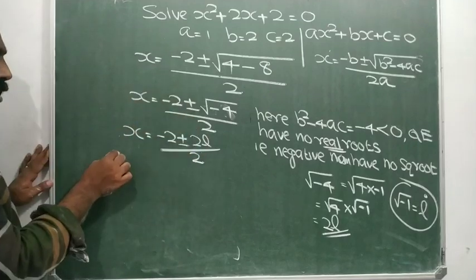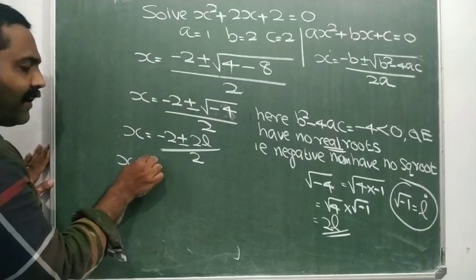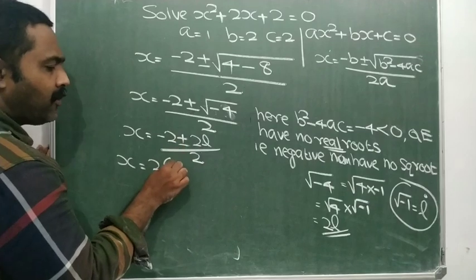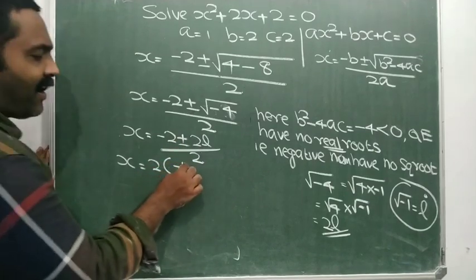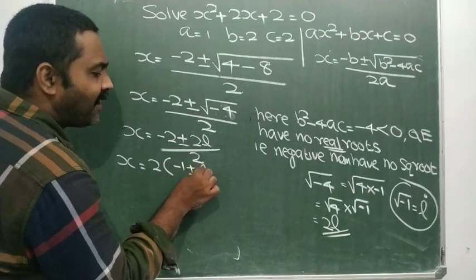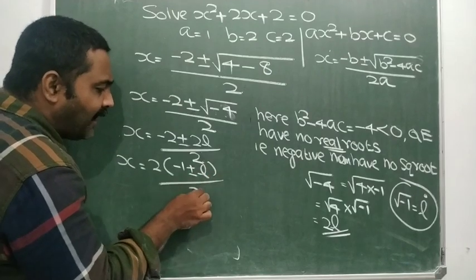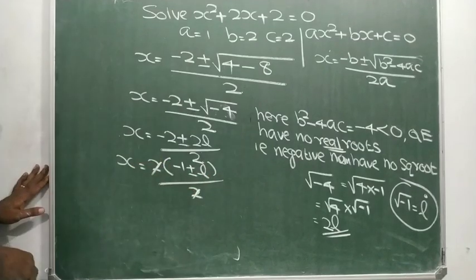2 is a common factor. x is equal to 2 into -1 plus or minus I by 2. 2 will be cancelled.